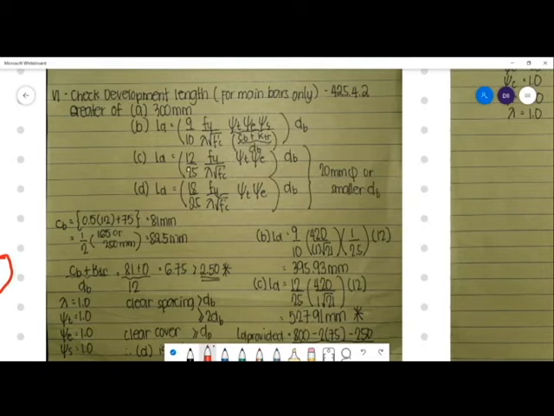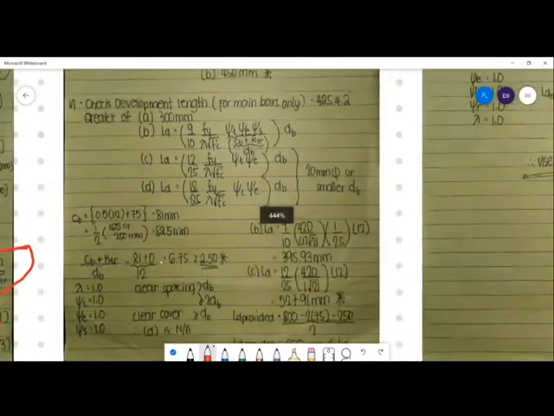So we have here, instead of 6 over 10 and 9 over 10, we have 12 over 25 here and 18 over 25. So just read what's written in the code.